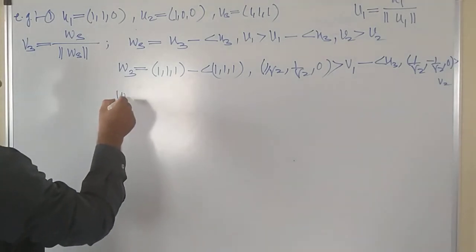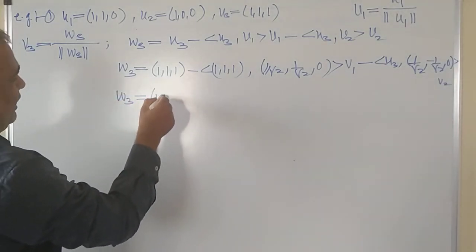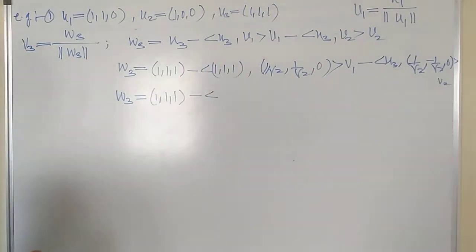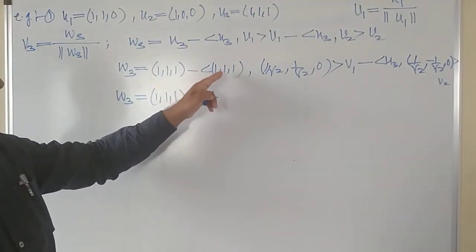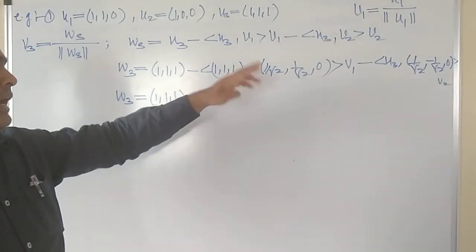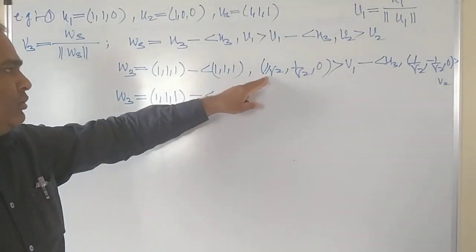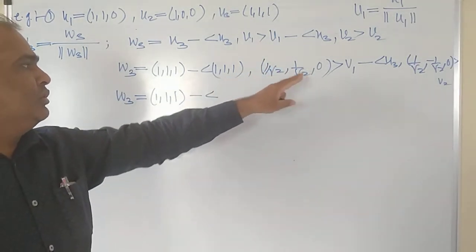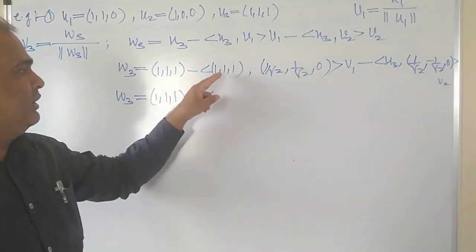Let's do this now. So W3 is equals to 1, 1, 1 minus. Now do this inner product. What is the inner product? Multiplication of the respective elements and then addition. So 1 into 1 by root 2 plus 1 into 1 by root 2 plus 1 into 0. So the third component is 0 itself.